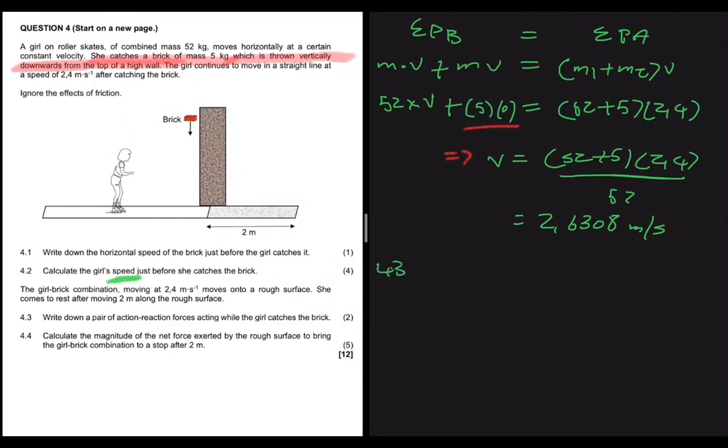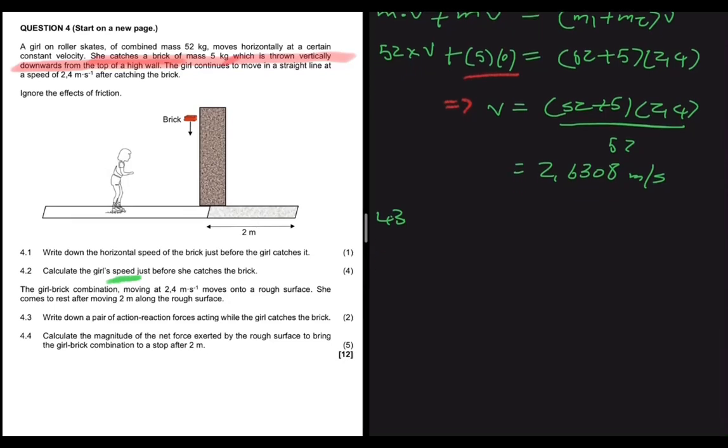The girl-brick combination moving at 2.4 meters per second moves on to a rough surface. She comes to rest after moving 2 meters along the rough surface. And 4.3 is saying to write down a pair of action-reaction forces acting while the girl catches the brick.